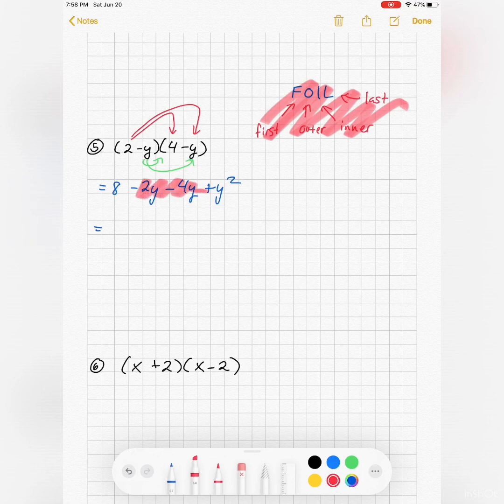Combine my like terms. And there we have it.